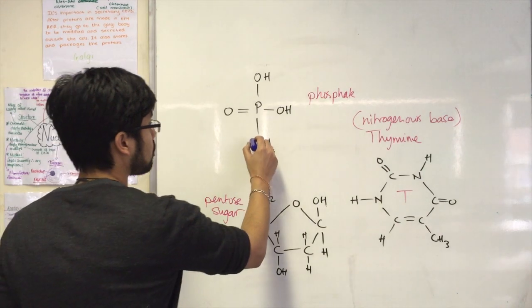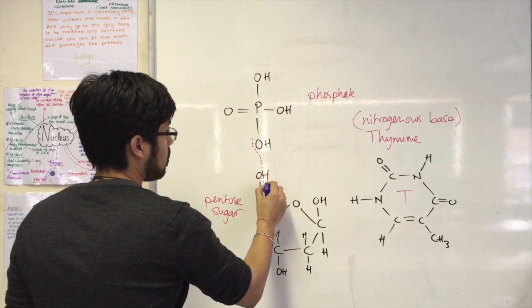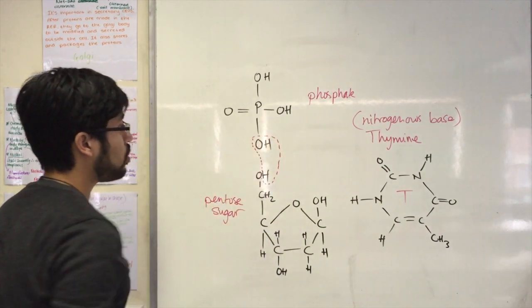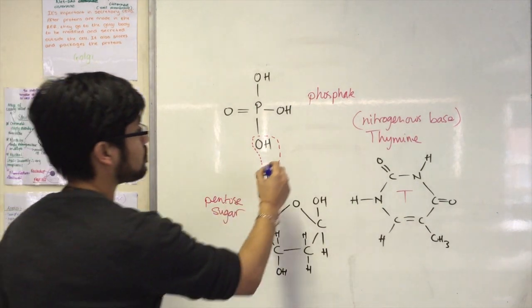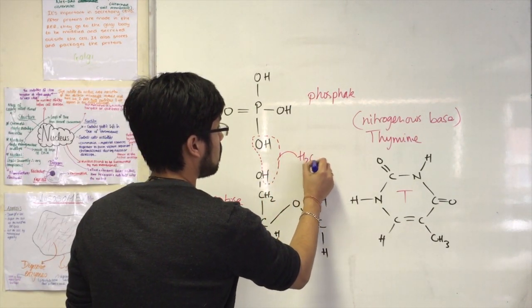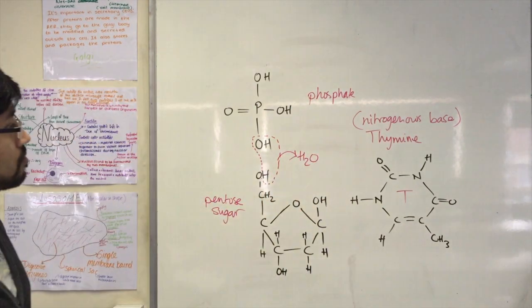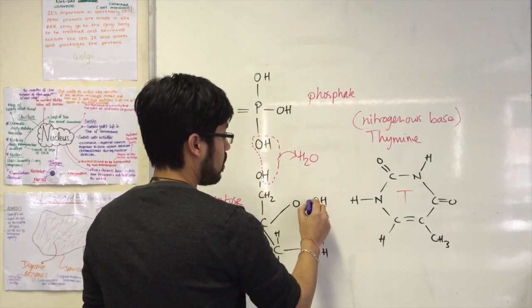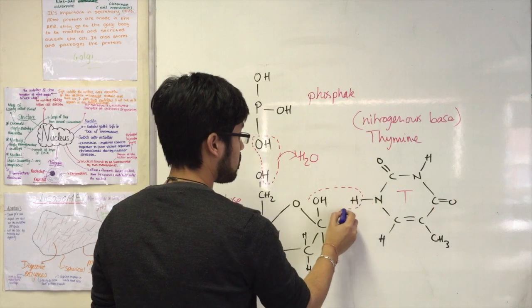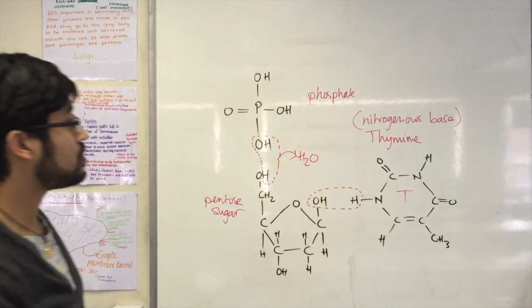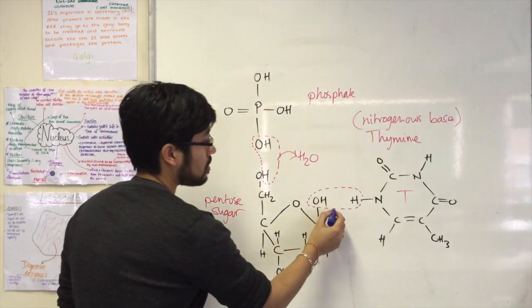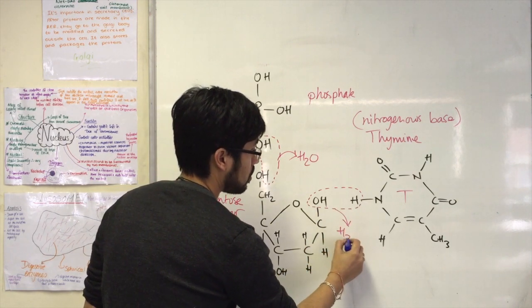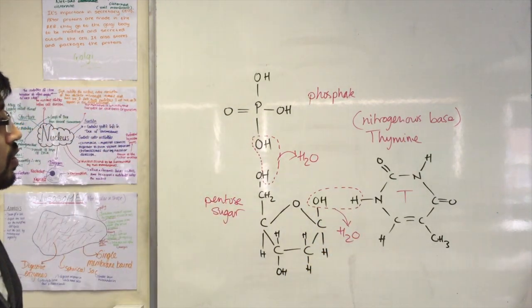Very simply, 2 hydrogens and an oxygen there, that's going to form a water molecule. And similarly over here, 2 hydrogens and an oxygen there, and that is also going to form a water molecule.